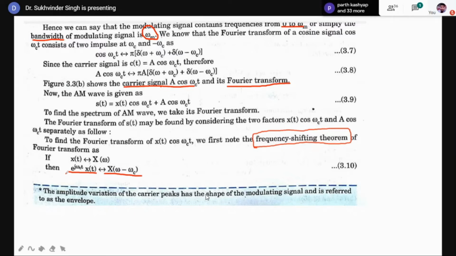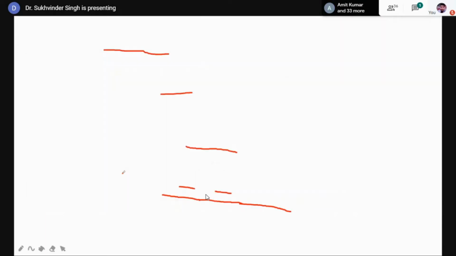According to the frequency shifting theorem, if we multiply a function by the exponential function e to the j omega ct, then this time domain function will change into a frequency domain function. And shifting means here this omega is frequency and it has shifted by omega c, which is the impulse in the cosine function already mentioned. That's why the name is frequency shifting theorem, because it has shifted the frequency by plus omega c or minus omega c.